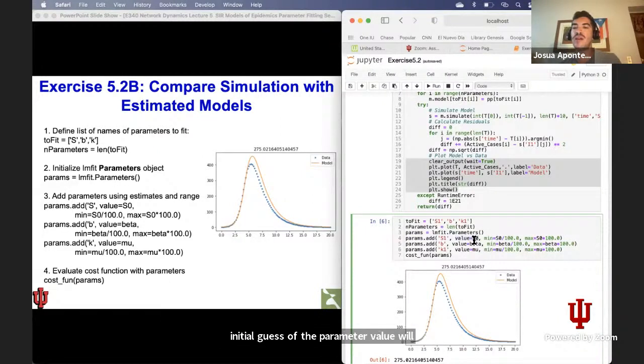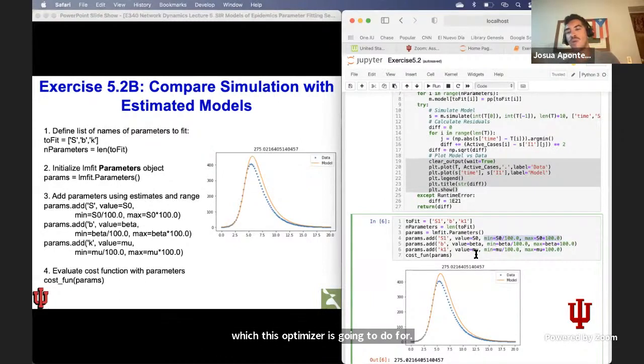In this case, it's the parameter S0. We're giving the value of S0 that we estimated in the previous exercise. And notice that we also, this is something we discussed earlier, have to tell the optimizer the ranges over which we will allow this parameter to vary, what are the ranges in which this optimizer is going to look for parameter values.